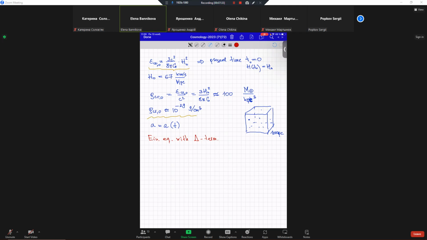to understand how this lambda term appears, which is famous because it was considered a big mistake of Einstein.